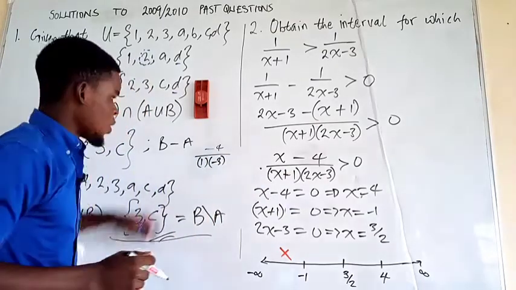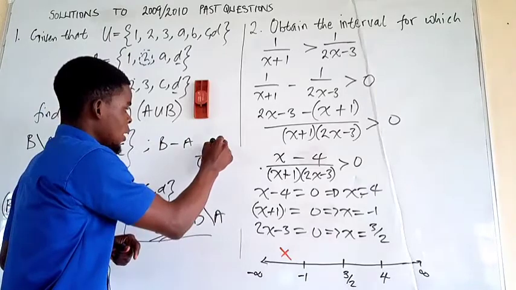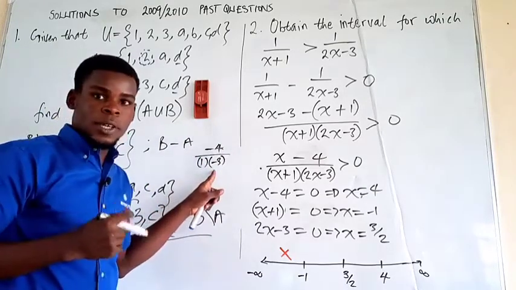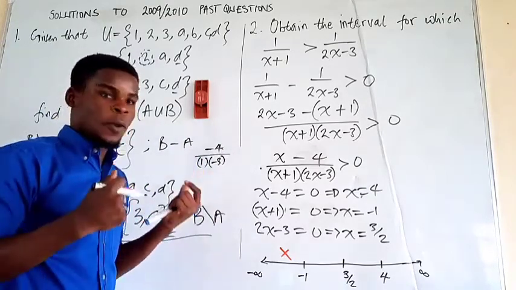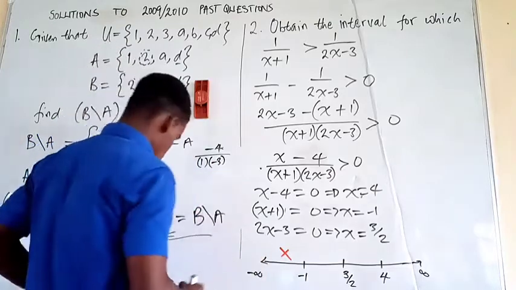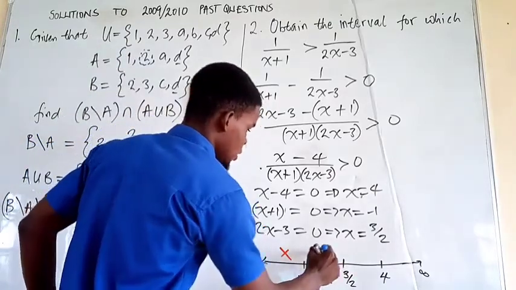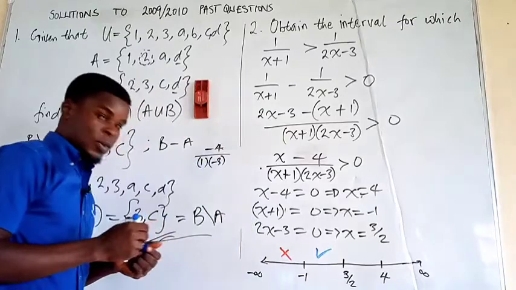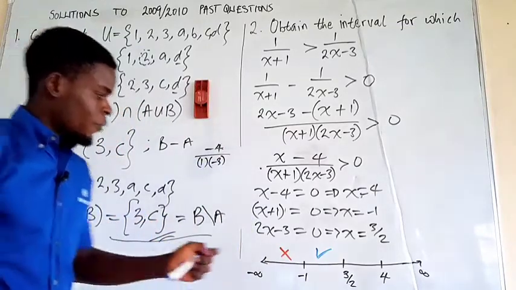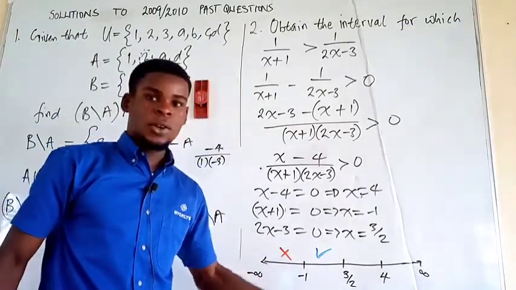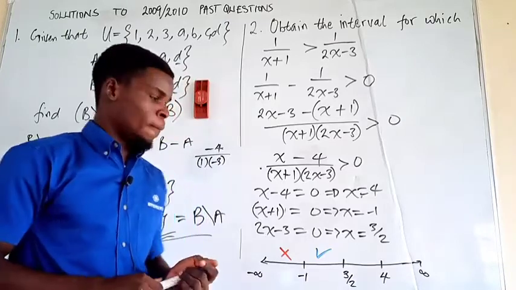This makes sense because negative 4 is on top and negative 3 is at the bottom, so we just have positive 4 over 3. That is greater than 0. So this part satisfies the inequality. So between negative 1 and 3 over 2 is going to be taken.